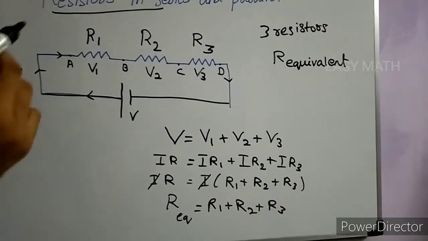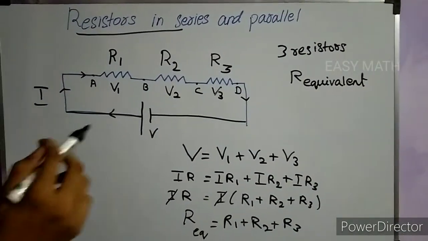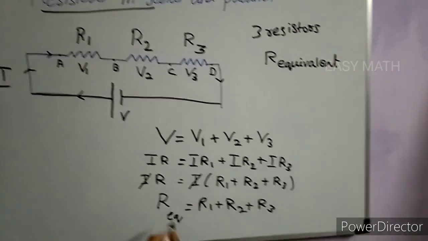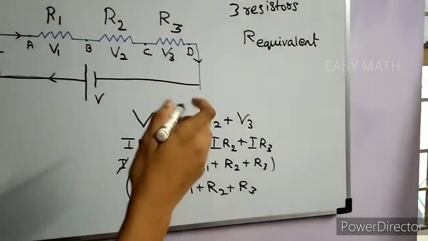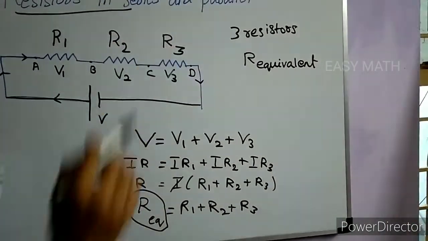The last important point is that equivalent resistance is larger than the largest individual resistance. This value is larger than the largest value among R1, R2 and R3.